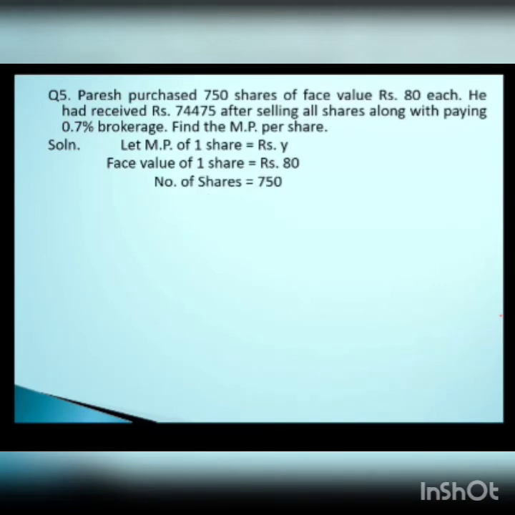The number of shares given to you is 750. The total sale amount you receive after selling the shares is 74,475. The rate of brokerage is given to be 0.7 percent. All this data is given in the question. That is what I have just extracted from it in a proper form and put down here in the solution, step by step.